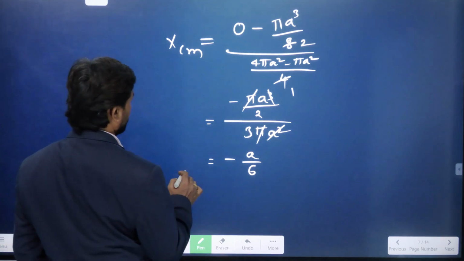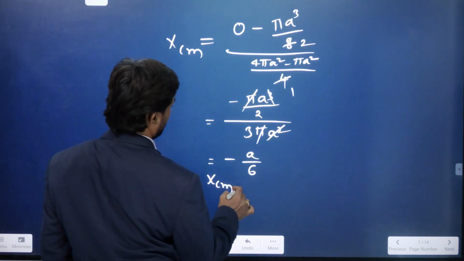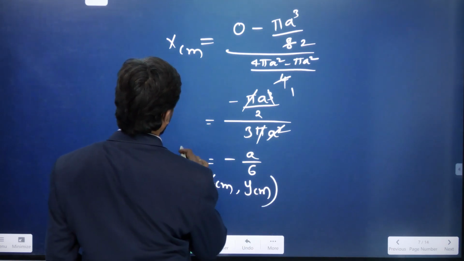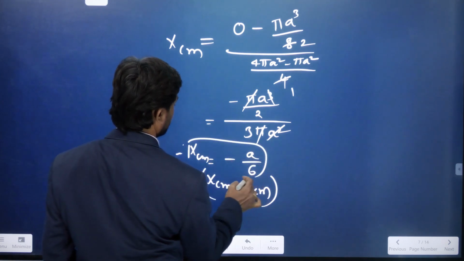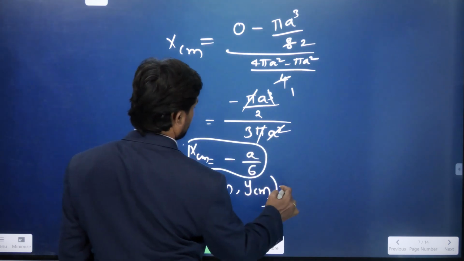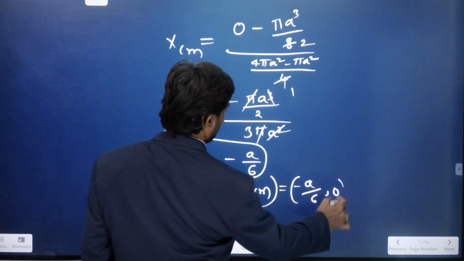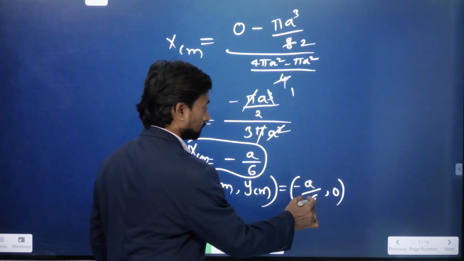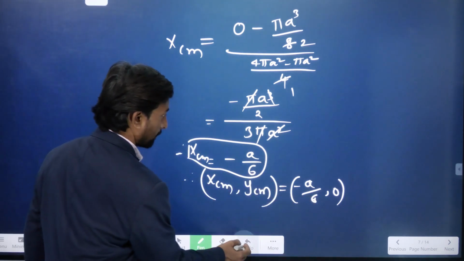So now the coordinate of this one, xcm comma YCM, is equal to minus a by 6 comma 0.